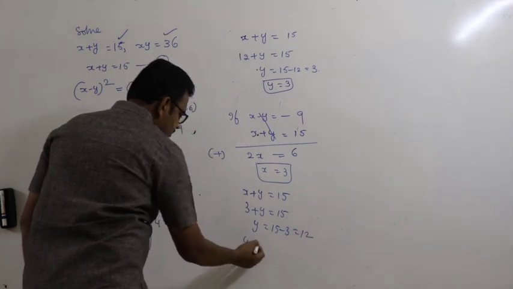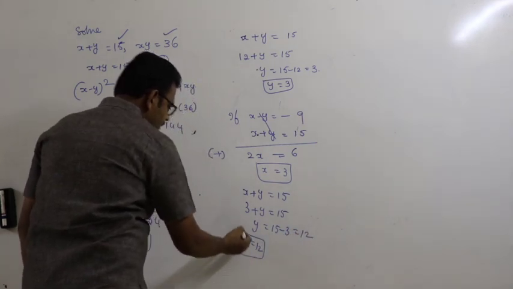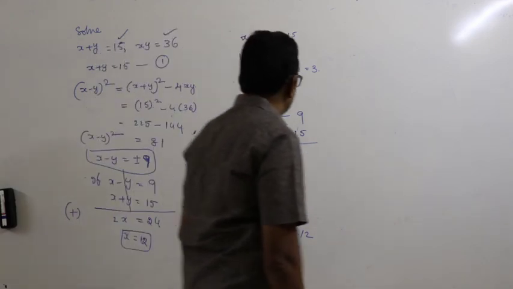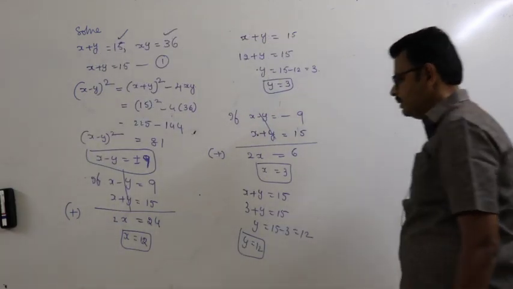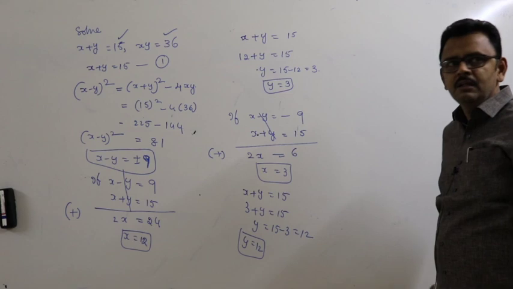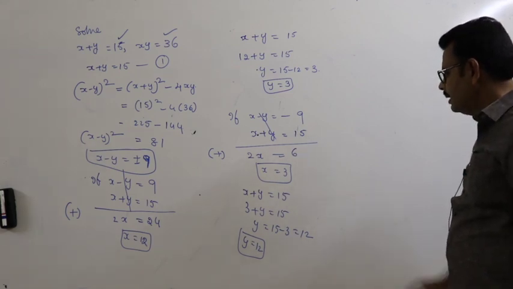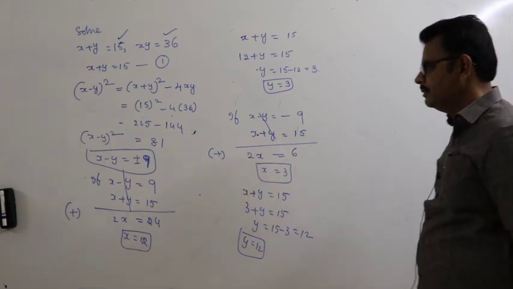So y is equal to 12. So x, y values are 12, 3 or 3, 12.